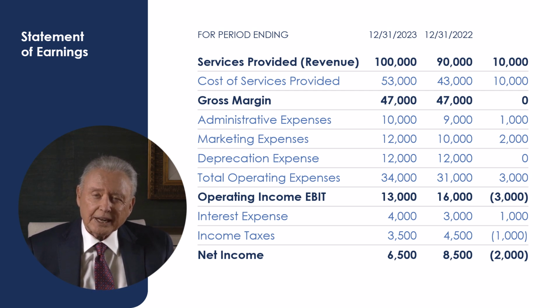In any business or economic entity, it is an ongoing challenge to increase sales but also reduce costs where possible. Here, interest costs were higher by $1,000 in 2023 than 2022, but taxes were $1,000 lower, so the net difference in net income was $6,500 versus $8,500 in the previous year, or a $2,000 decline in earnings.